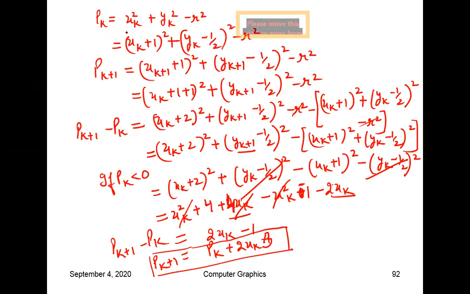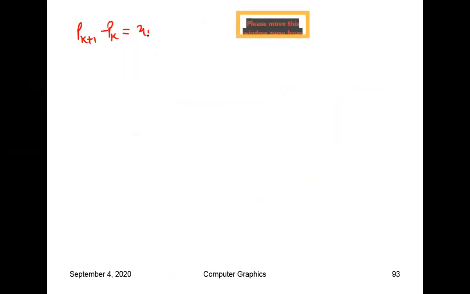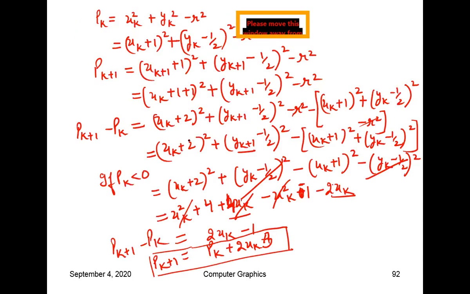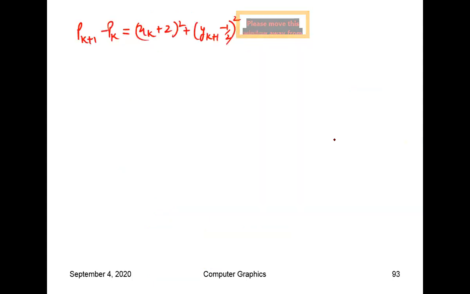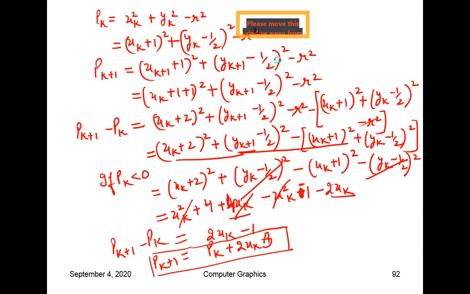This is pk plus 1 minus pk is equal to xk plus 2 whole square plus yk plus 1 minus 1 by 2 whole square, and minus xk plus 1 whole square plus yk minus 1 by 2 whole square.